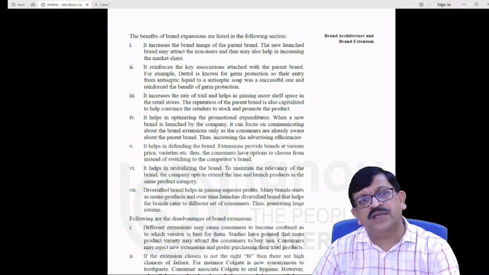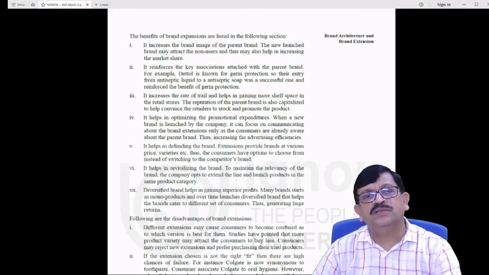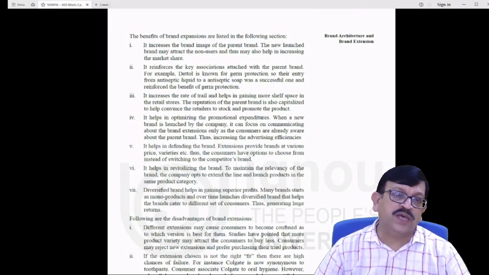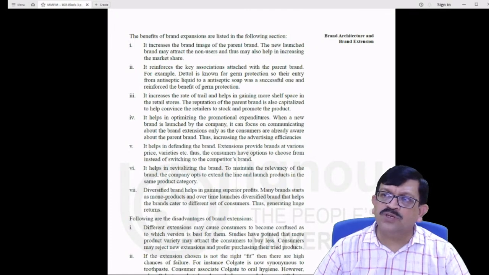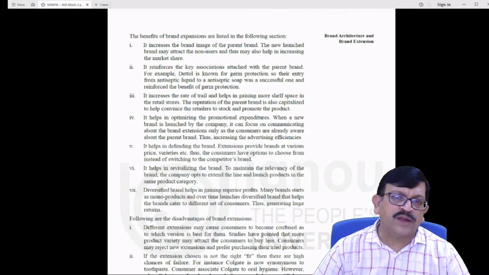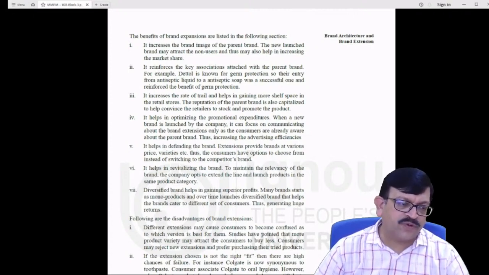One of the key factors is that you're able to economize the cost to a greater extent when you are using an extension strategy. And obviously your cost of promotions and cost of introduction, everything, gets a positive rub off for the product category it is getting into.